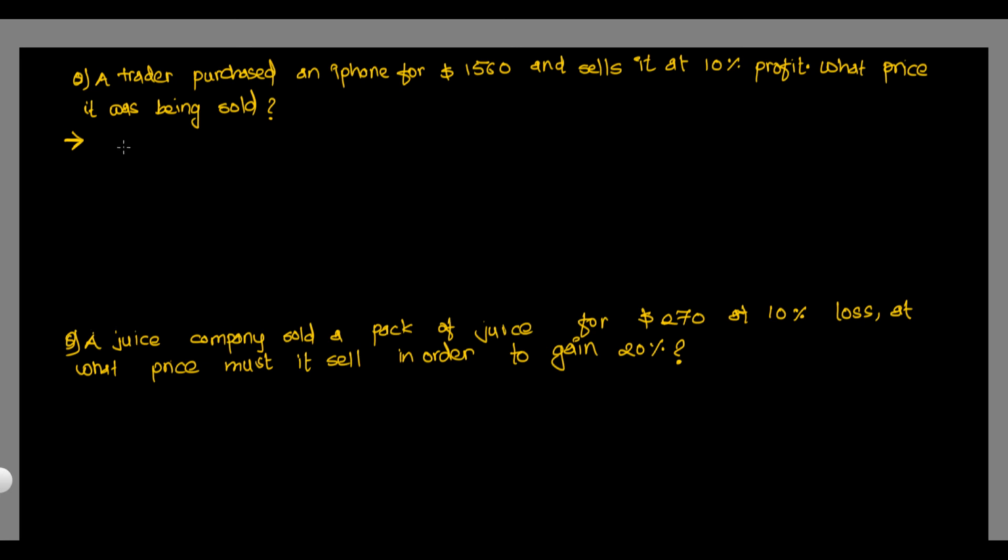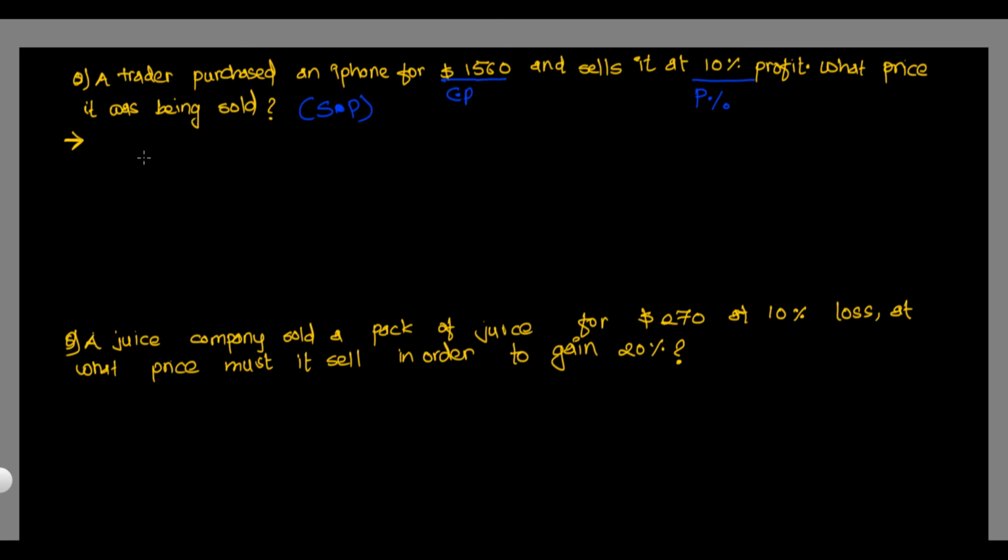Now let us see another problem. A trader purchased an iPhone for $1,560 and sells it at 10% profit. At what price is it being sold? So this is your CP for your iPhone, and this is your profit percent. We are supposed to find the SP of the trader.